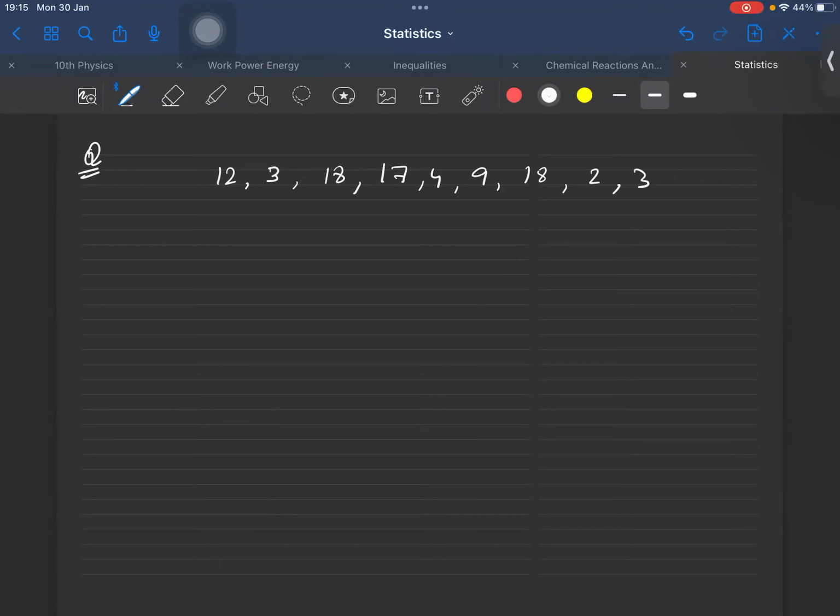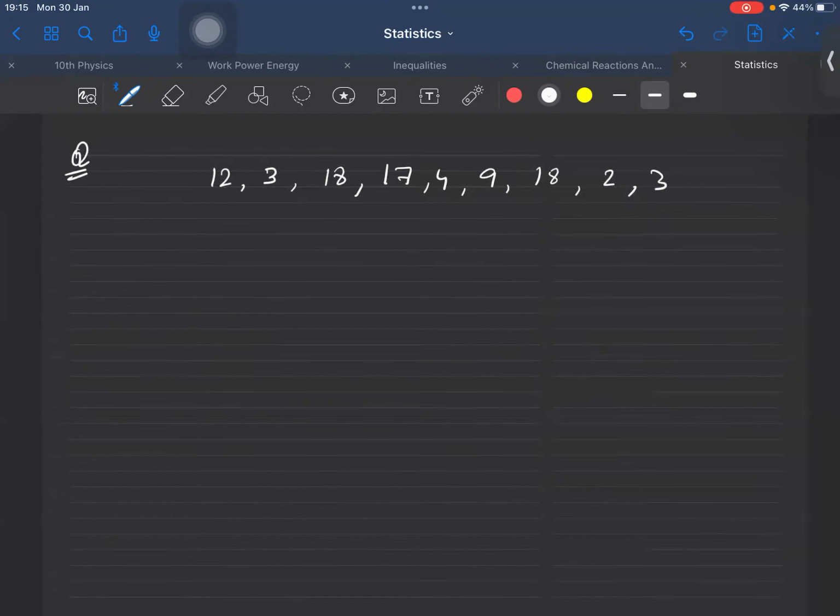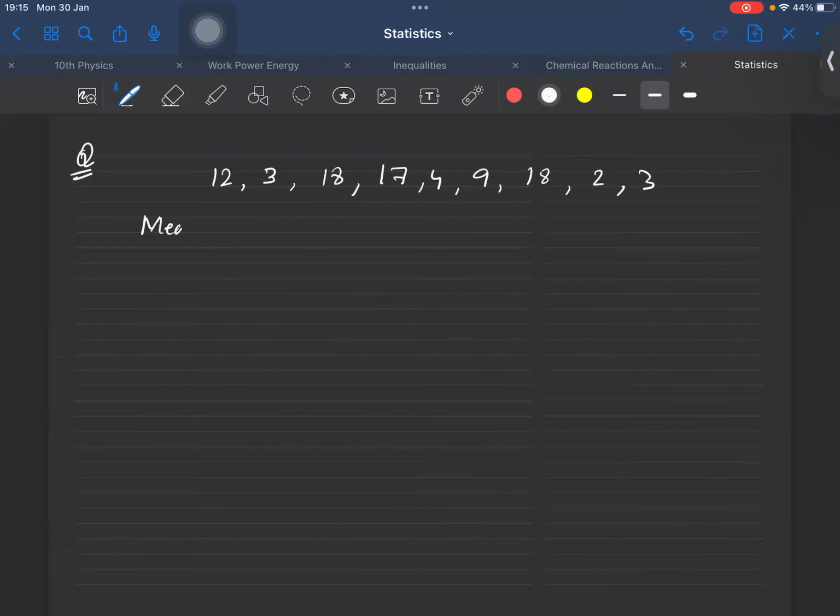Tell me the mean, median, and mode. Anybody would like to answer? Anyone? How do we find the mean? It's just the arithmetic sum. How do you find the arithmetic mean?